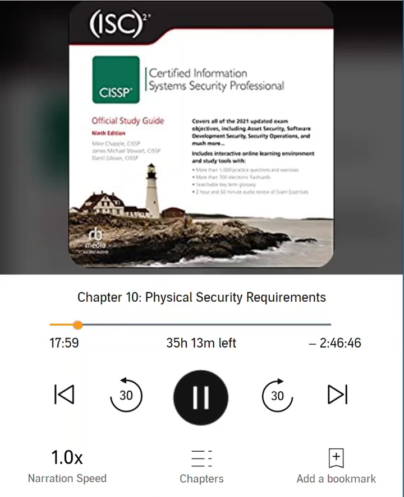Physical controls for physical security include fencing, lighting, locks, construction materials, access control vestibules, formerly known as man-traps, guard dogs, and security guards.